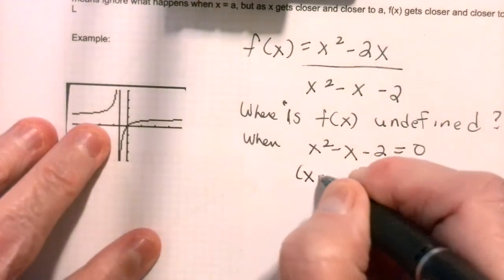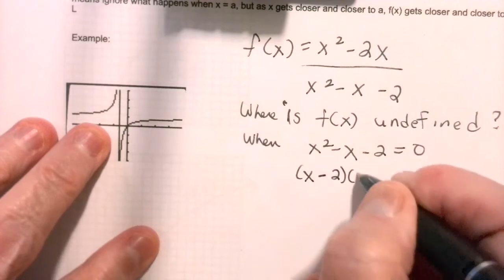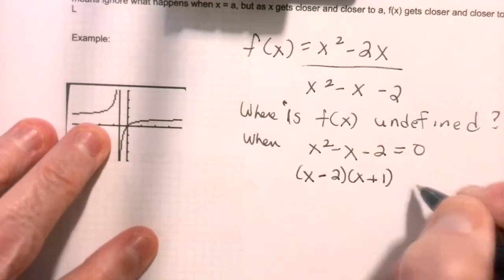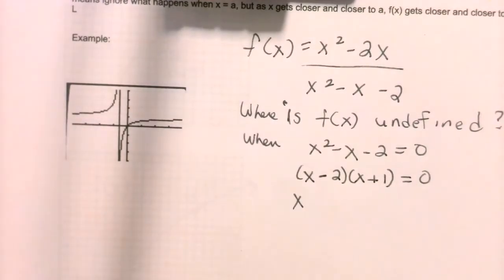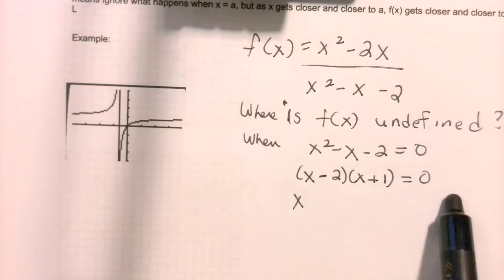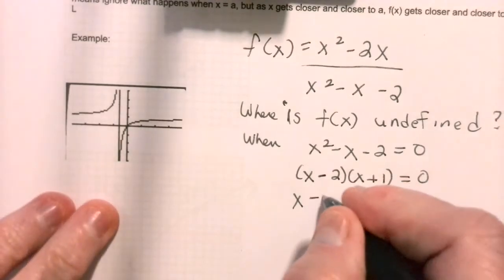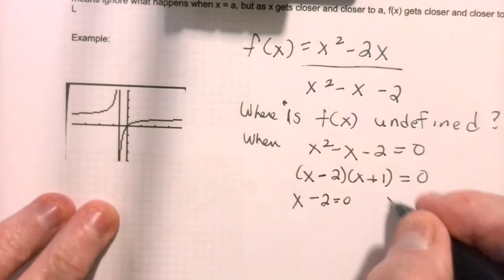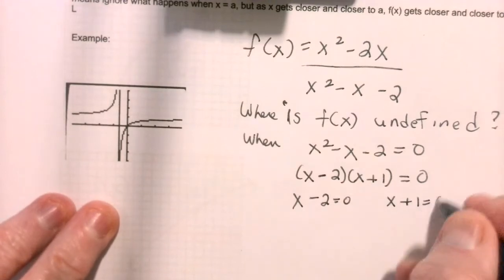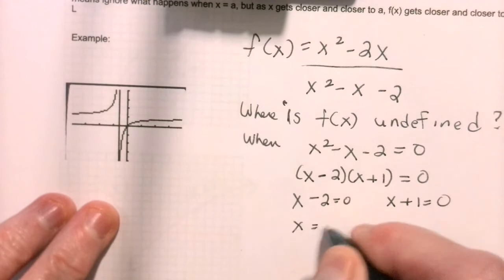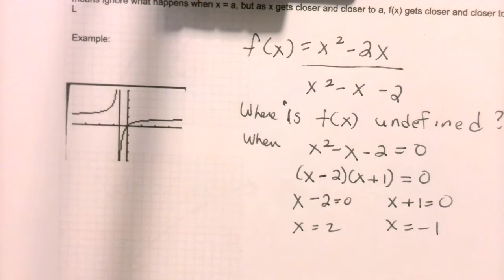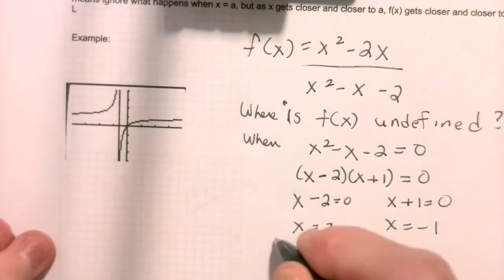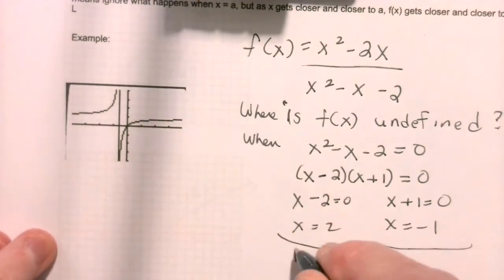It factors into x minus 2 times x plus 1 equals 0. By the zero product principle, if you have two factors set equal to 0, then one or both of them must be 0. Just remember this from college algebra. So we get x equals 2 and x equals minus 1. That's where f of x is undefined.